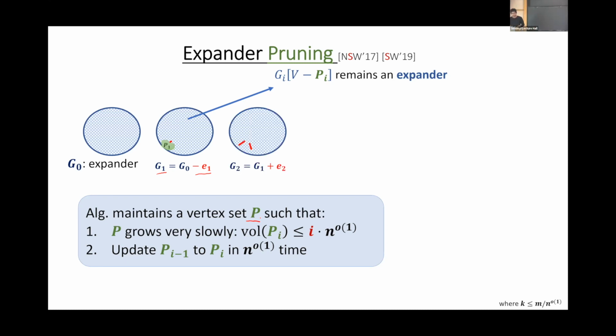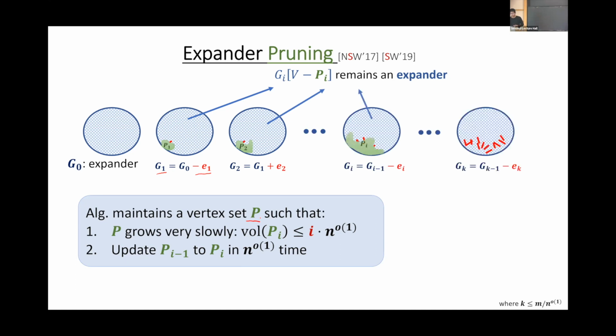The next update will come. You might insert something or delete some edge. You update the set P to P2. The complement remains an expander, and so on. And this set P has the following property: it will grow very slowly.